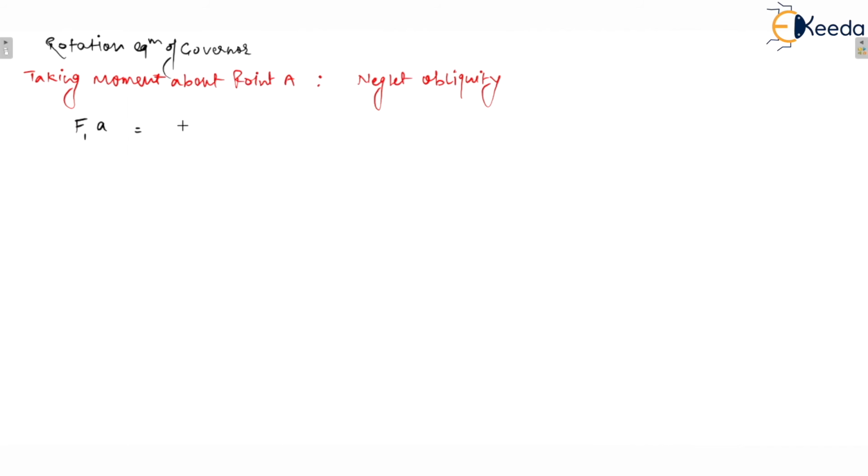So this is equal to mg. Now remember, capital M is the mass of the sleeve and small m is the mass of the fly ball.